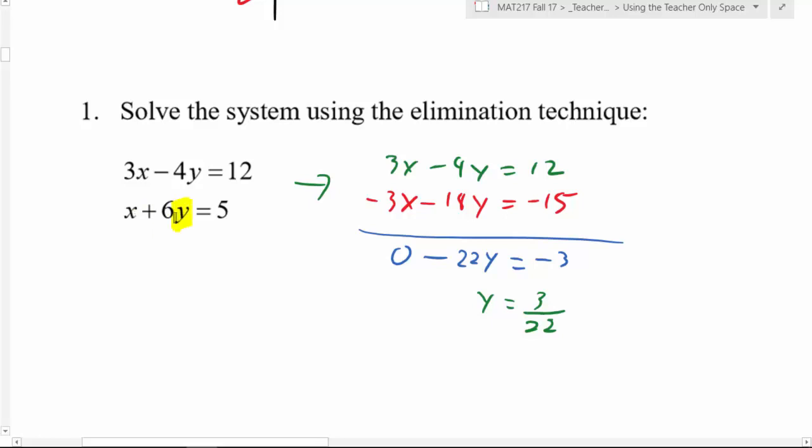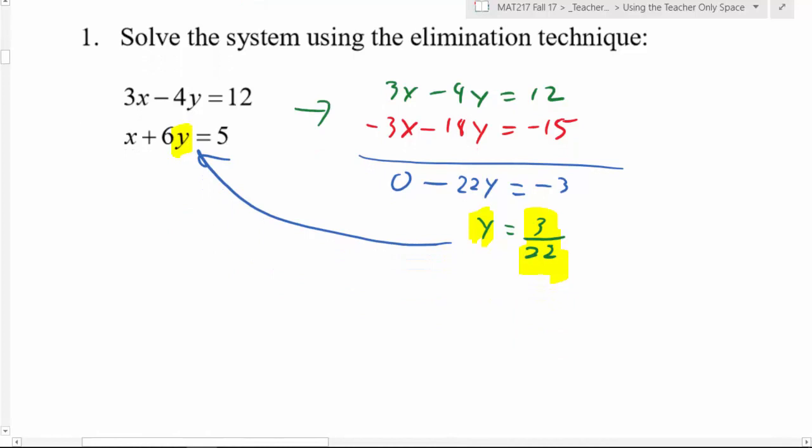So everywhere I have a y, I'm going to replace it with 3/22. That's going to leave me with x plus 6 times 3/22 equals 5. Now remember your algebra techniques. I can divide here. I can at least say 2 goes into 6 3 times, and 2 goes into 22 11 times.